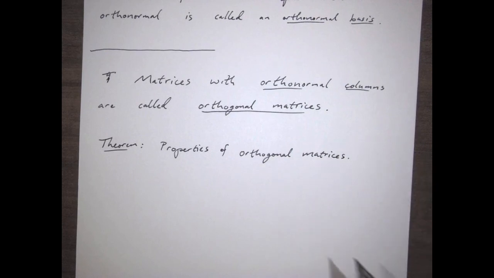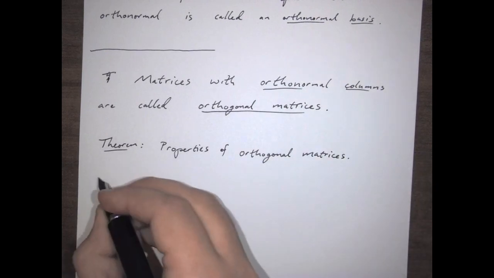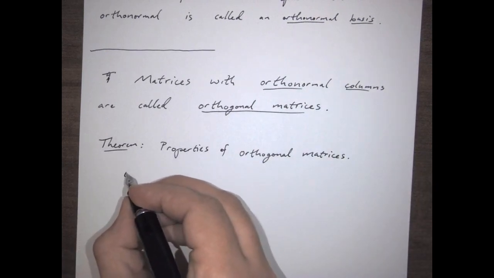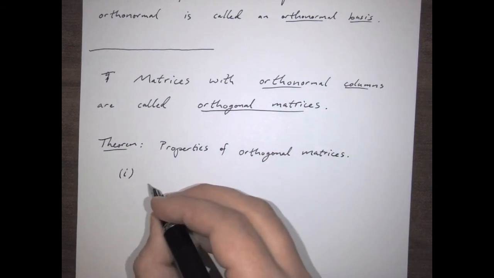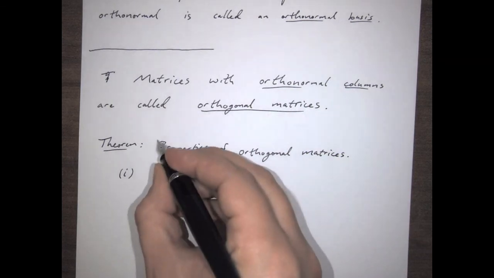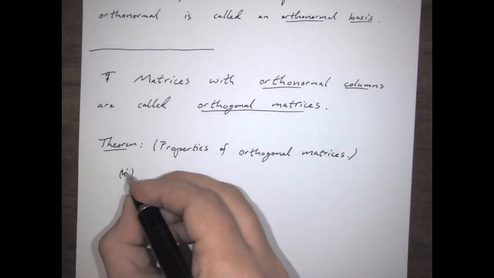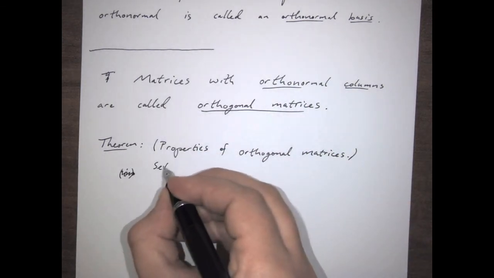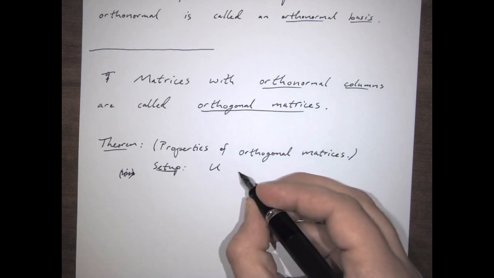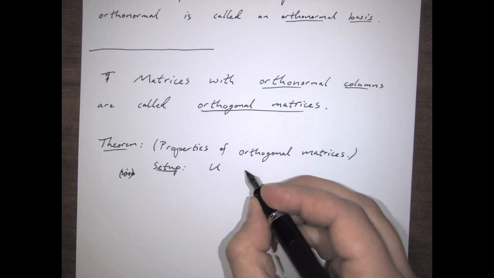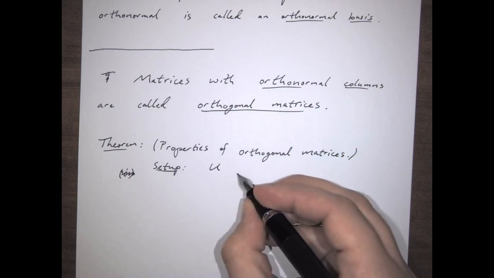All right, so first off, let's go setup first. U is a square matrix. Actually, U does not have to be a square matrix. U can be any matrix.